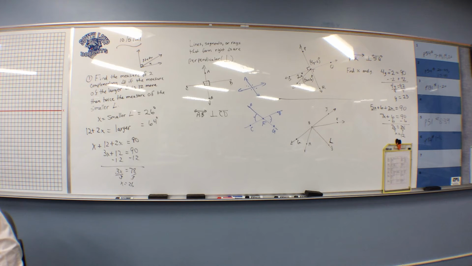Okay, let's take a look at the next one. Now we're gonna go to obtuse vertical angle. So now we're gonna do the vertical angle thing again, only it's gonna be obtuse. I'm gonna pick on Jaws if you don't mind. You want me to start you out?